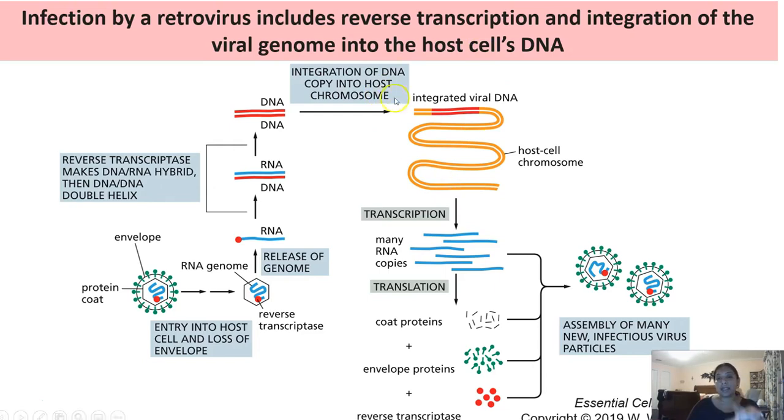Still, it's not just affecting that cell. It can also at another time be excised back out in some cases, in which case, if it is excised improperly, it can take part of the host genome with it to the next cell, where it can cause recombination and changes to occur.